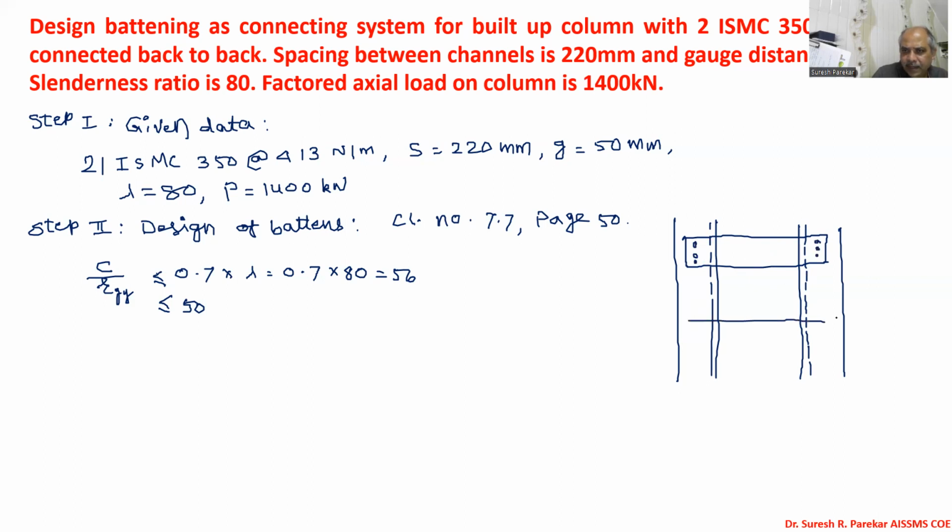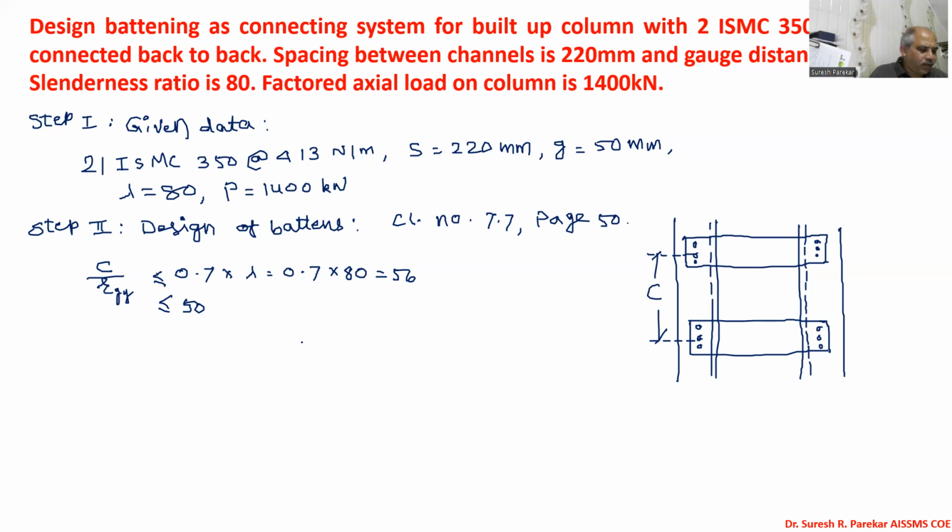So we have another batten. And C is the center to center distance between the battens. So this is C.